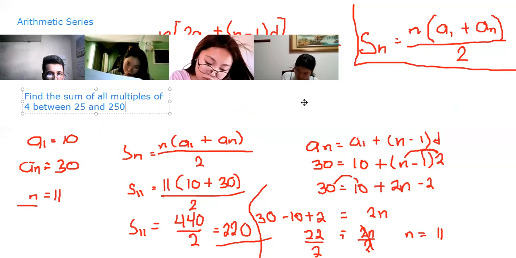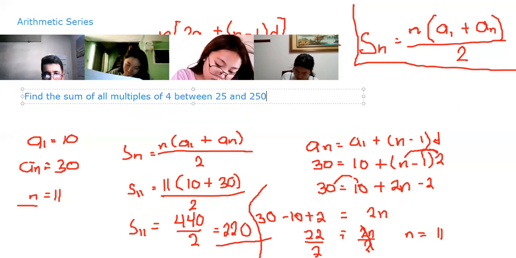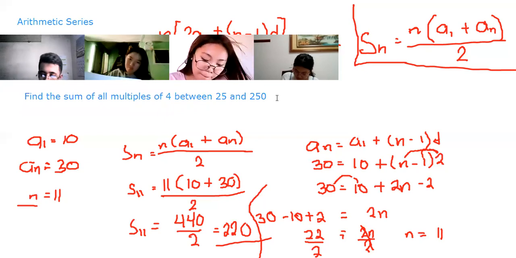So Carl, ito yung given nating problem. Find the sum of all multiples of 4 between 25 and 250.